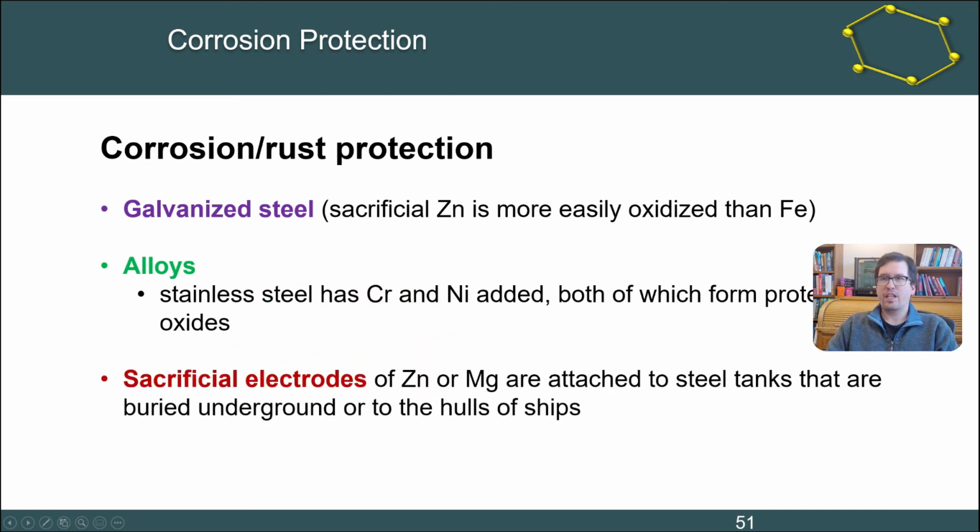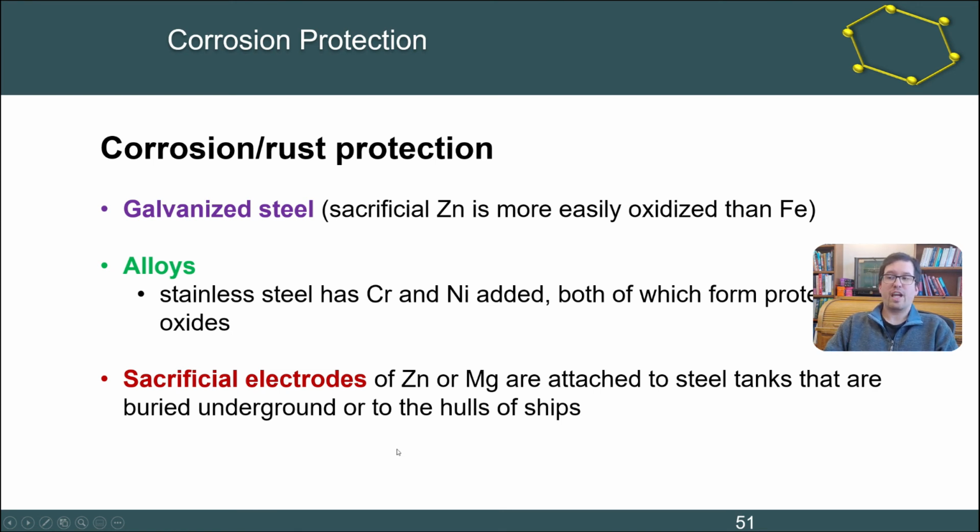Alright, and then another common thing that's used in tankers and underground buried tanks. You don't necessarily want to have to paint an underground storage tank, say to store gasoline. It might eventually still rust and go away. And so what's done in this case is a concept called a sacrificial electrode, where you have a sacrificial metal of zinc or magnesium.